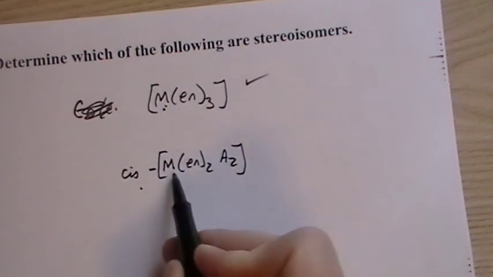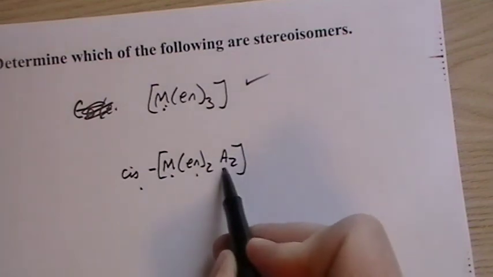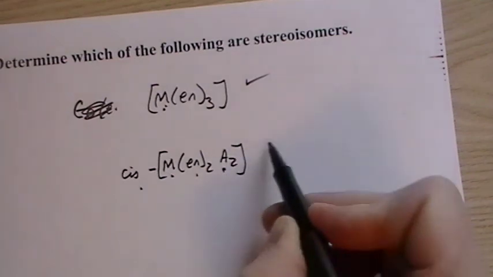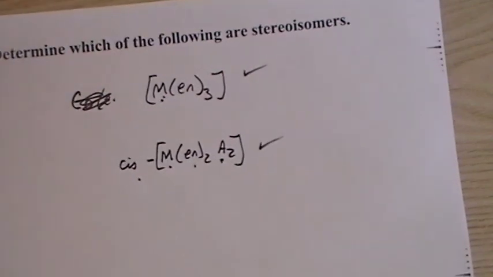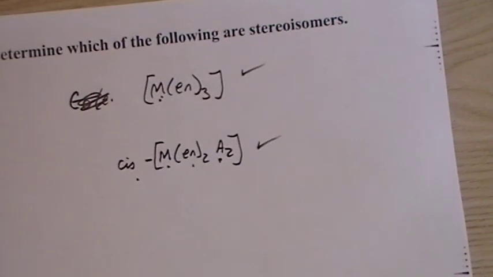If it's cis and you have a metal, 2 ethylene diamines, and then whatever these are, this could be chlorine, hydroxo, it doesn't matter. This is optically active. And that's it. That's it for us. There's others, but for us, that's all you see. So all the rest of them that you see will be optically inactive, will just be regular molecules.